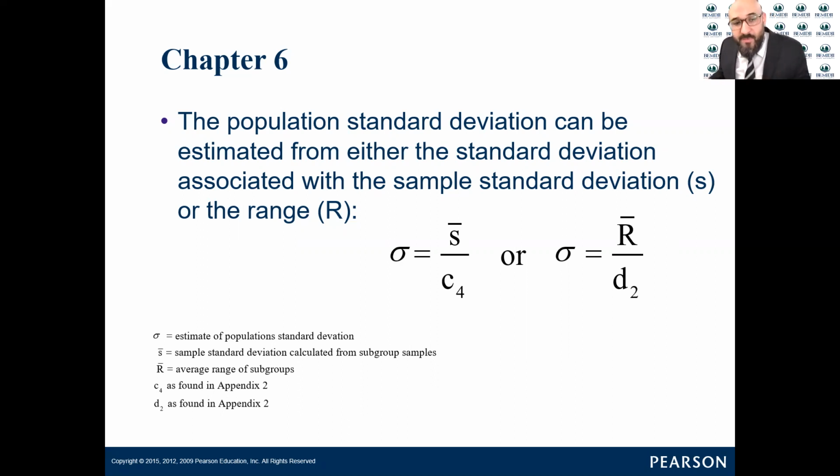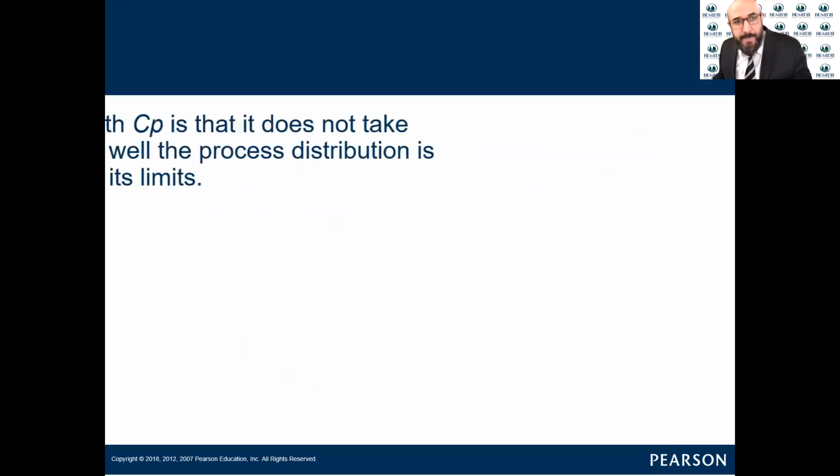Also, there is another way: you can calculate the standard deviation by finding the average of the range divided by D2, and D2 is a value taken from appendix 2. Or you could use the sample standard deviation divided by C4 as well. The C4 is in appendix 2, based on the number of observations.